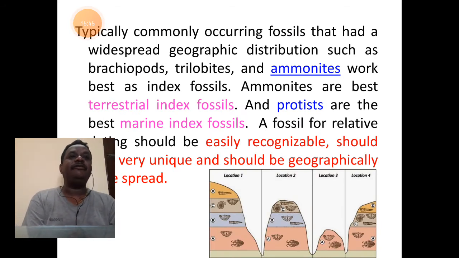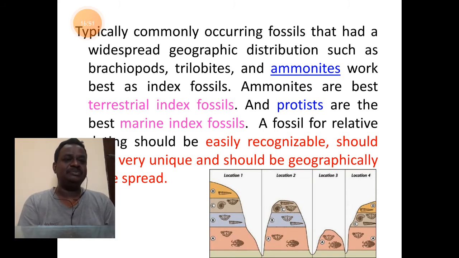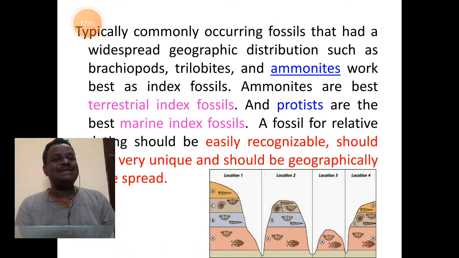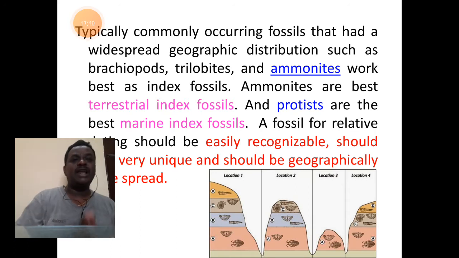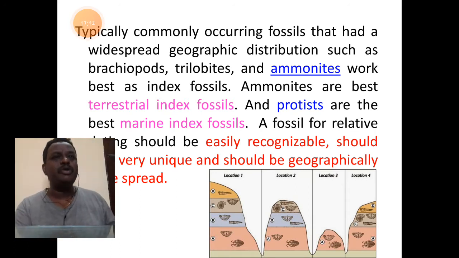Generally, indicator fossils are geographically widely distributed. It includes examples such as brachiopods, trilobites, ammonites, protists, etc. So these are all groups of organisms belonging to mollusca, arthropod groups, and even the protist group.